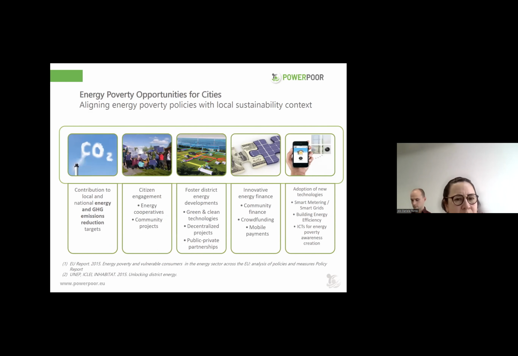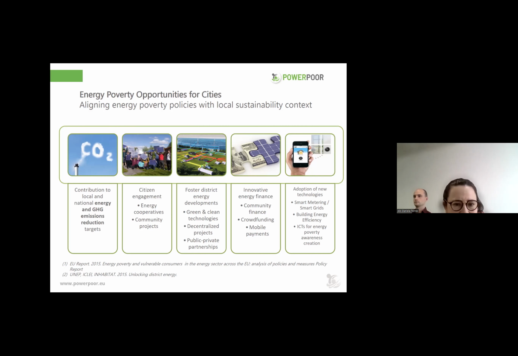We can also see it more from an opportunity side, where, of course, energy poverty projects, apart from providing better sources of energy for citizens, can also support emissions reductions on a city level. Also, municipalities within the energy poverty context can engage citizens to develop energy cooperatives and community projects, as we heard this morning from our colleagues.